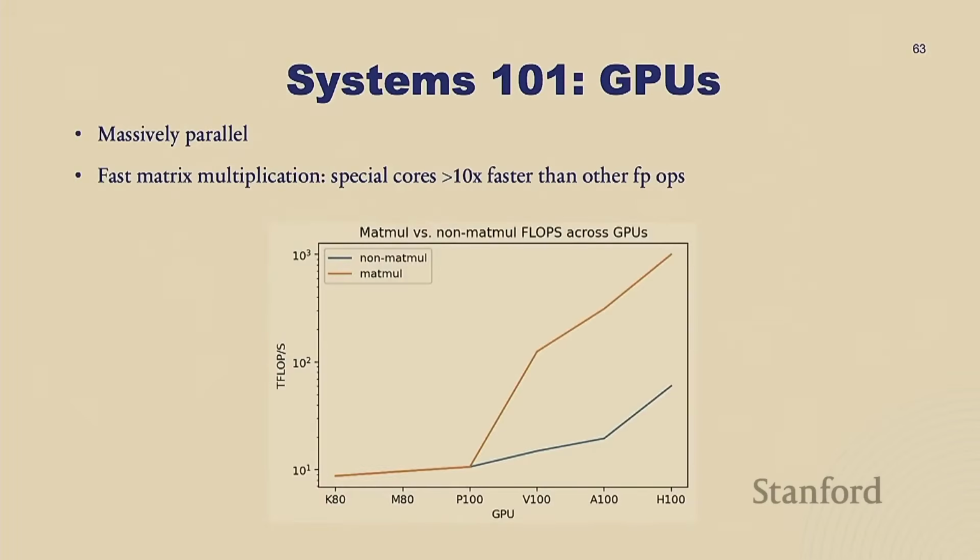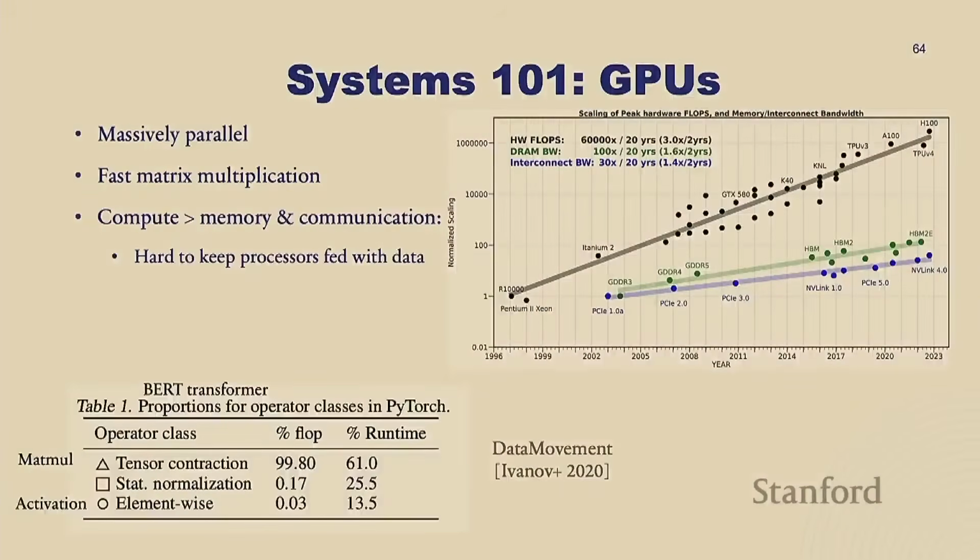GPUs are optimized for fast matrix multiplication. So every time you do something on a GPU, if you can do it with a matrix multiplication, it's going to be 10 times faster than with anything else. That is a little bit annoying because it means we are bottlenecked to doing everything with matrix multiplications. Another thing to note is that compute has been improving faster than memory and communication.